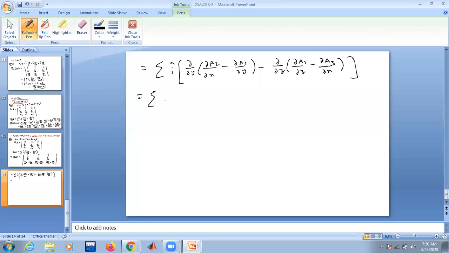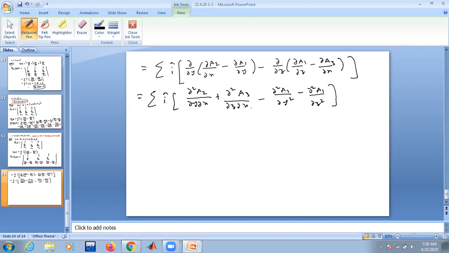So this is sigma I into dou square a2 by dou y dou x, minus of minus plus dou square a3 by dou z dou x, minus dou square a1 by dou y square minus dou square a1 by dou z square.